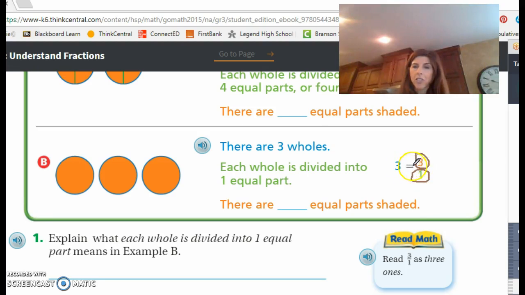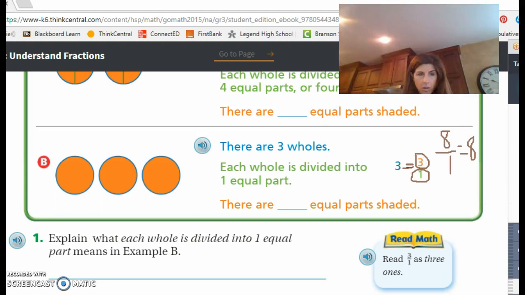Anything over 1 actually equals itself. So this is going to be 3. If there were, say, 8 orange circles, each divided into 1, the answer is going to be 8. So anything over 1 actually equals itself, the numerator.